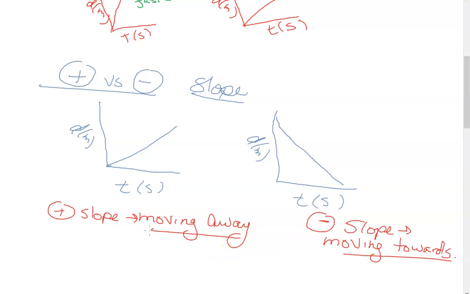Right, so those are the two different things. Steepness is how fast: more steep, faster; not as steep, slower. The positive slope says it's moving away. The negative slope says it's moving towards.